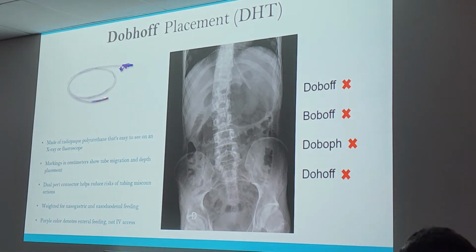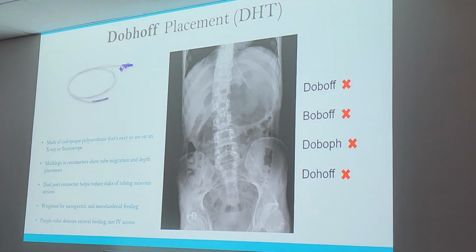So it has a weighted tip and it usually has markings on it that show you how many centimeters there are. And then if it's purple, that will tell you if it's a Dobhoff tube. Used only for feeding, not IV access or anything else.